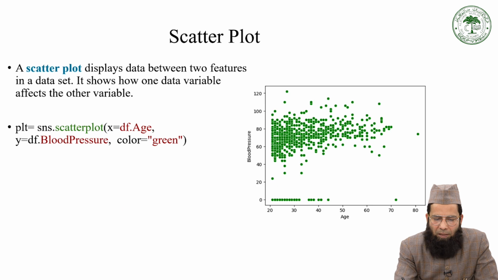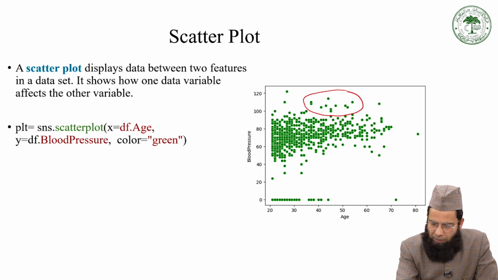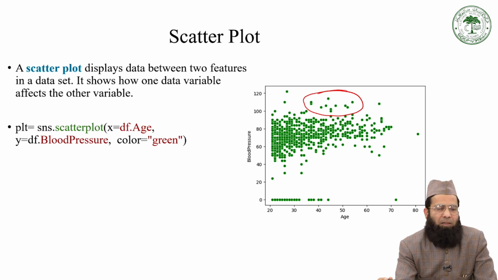A scatter plot displays data between two features in a data set. It shows how one data variable affects the other variable. Like in this case, you could observe the relation between age and blood pressure. The high values are here, and these high values are more between 40 to 60 age.